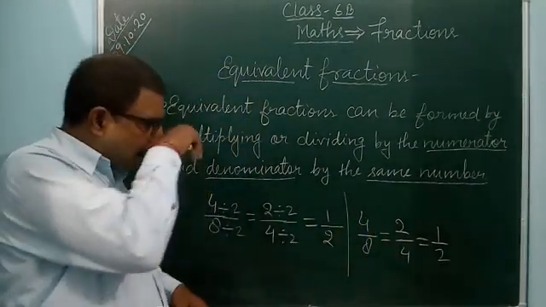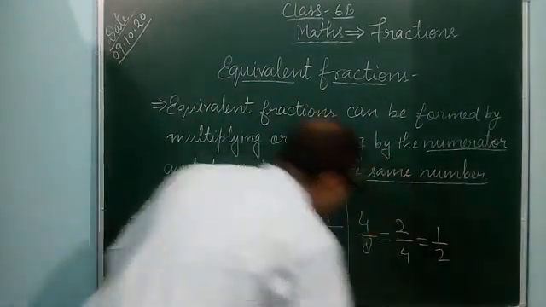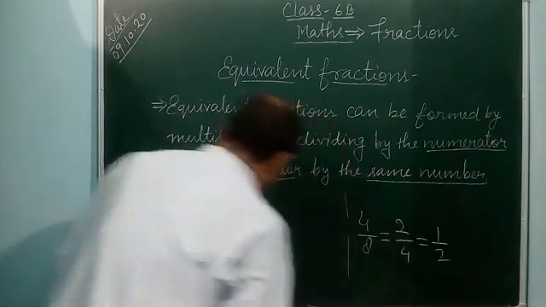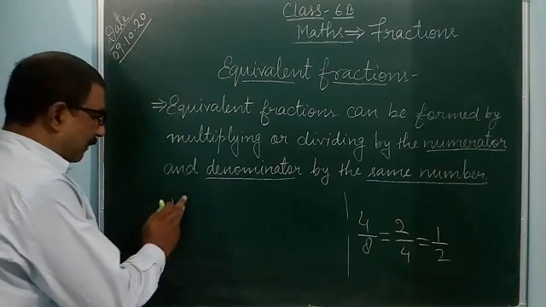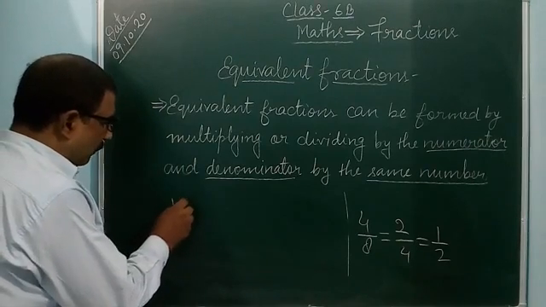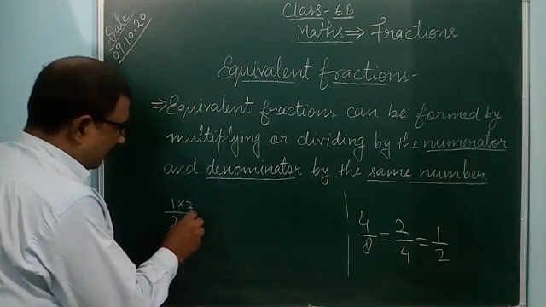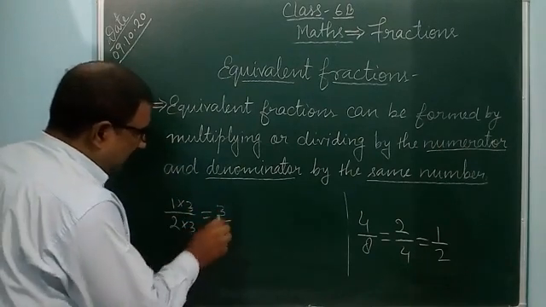And if you are multiplying by the same number, you can write like that. Suppose here 1 by 2. If you are multiplying by the same number, suppose you are multiplying by 3. 3 ones are 3 and 3 twos are 6.